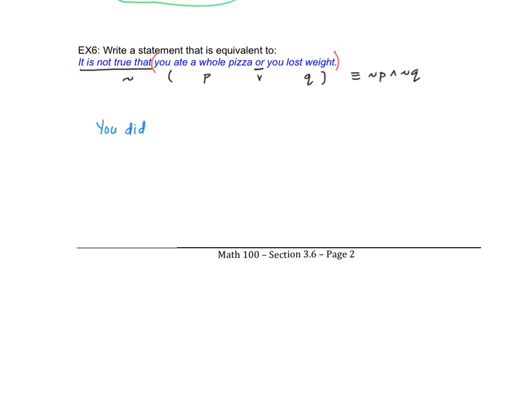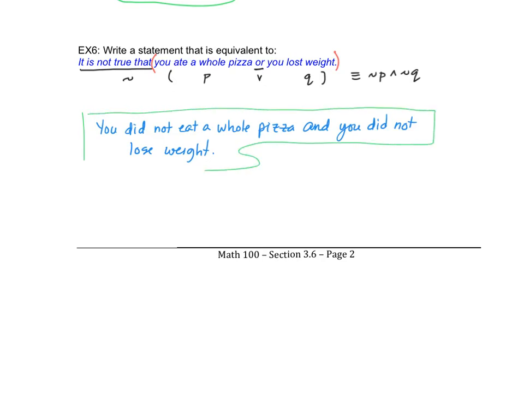So you did not eat a whole pizza, and you did not lose weight. Again, this is correct. If you want to grammatically sort of clean that up a bit, you can, but this is sufficient.